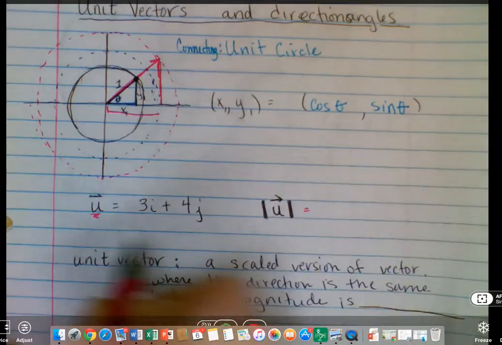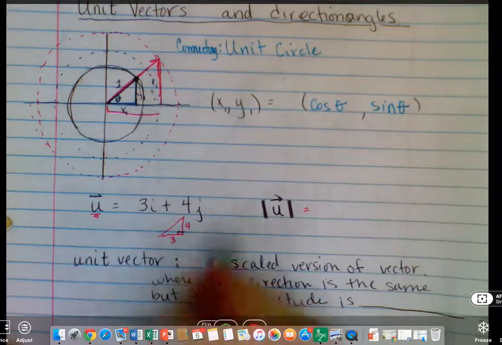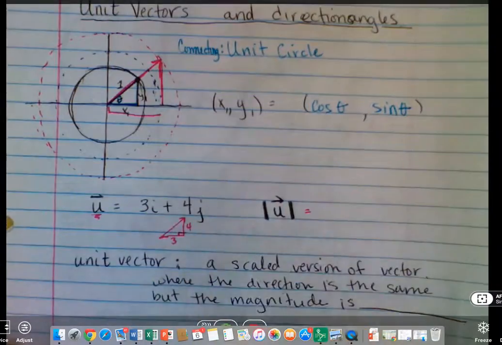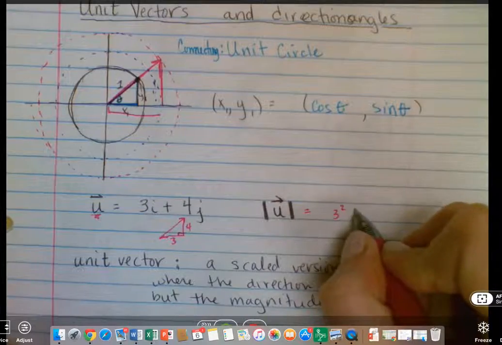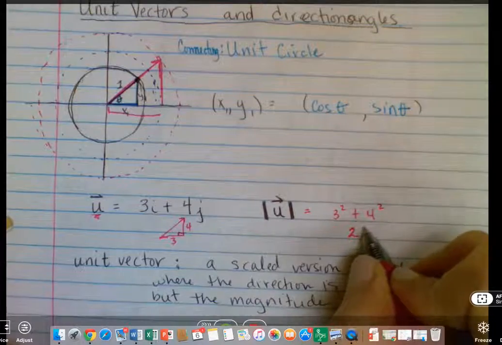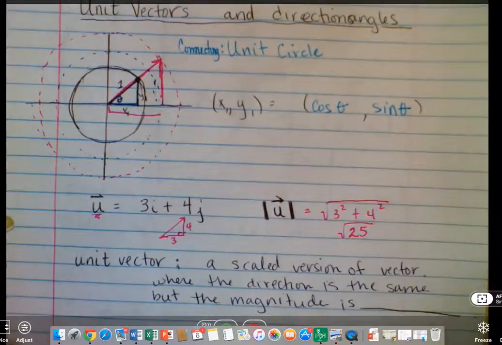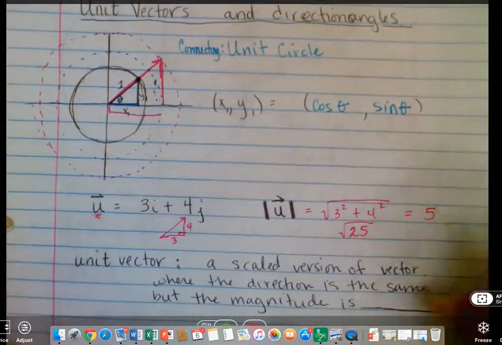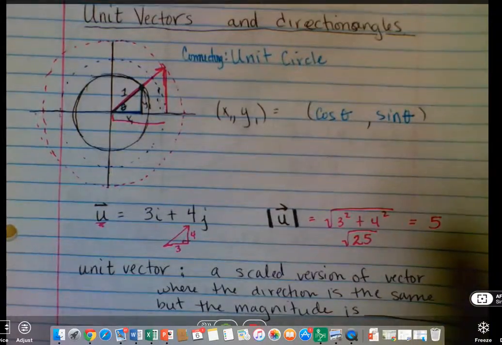So you could think of vector u as a 3, 4 right triangle, and the magnitude of u, or the length of the vector, thinking about it in terms of right triangles, the length of the hypotenuse, would be 3 squared plus 4 squared, which gives us 25, and then square root. We would get that the magnitude of u is simply 5, which we would have expected because I chose these numbers to be a 3, 4, 5 Pythagorean triple right triangle.